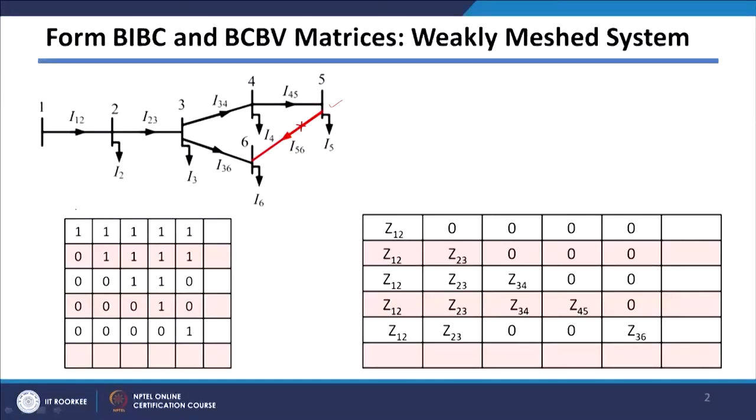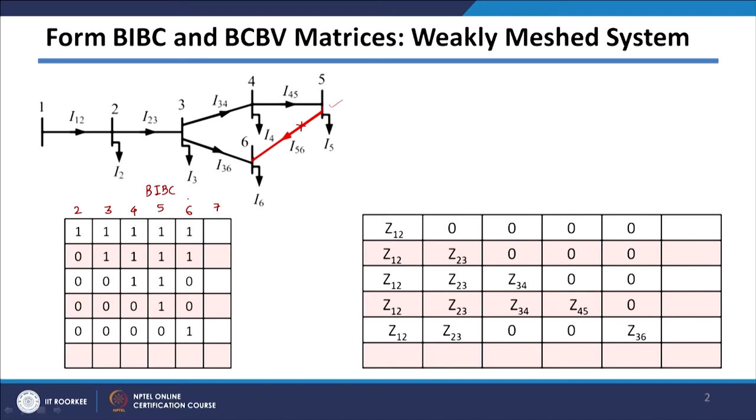So, we have seen that this column corresponds to bus 2, this column to 3, 4, 5 and 6, and this is your BIBC matrix. To get the 7th column of the BIBC matrix, since this branch is connected between 5 and 6, you have to subtract column 6 from column 5.